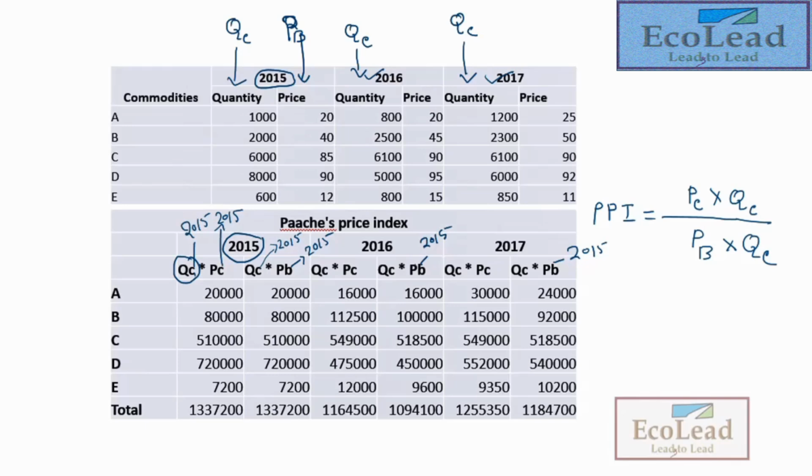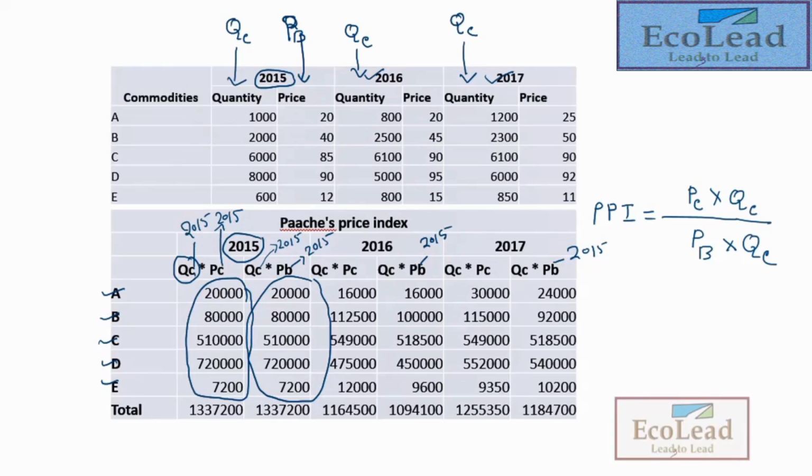Now we calculate the total value of the commodities for the year 2015 by multiplying the quantity of the current year with the price of the base year, and then we will get the denominator values. If we multiply the current year price with the current year quantity, we will get the values of the numerators.